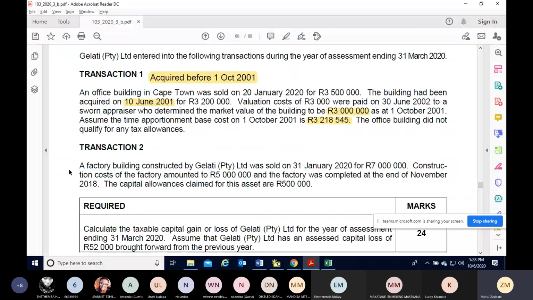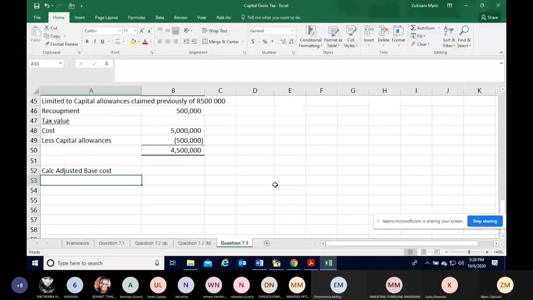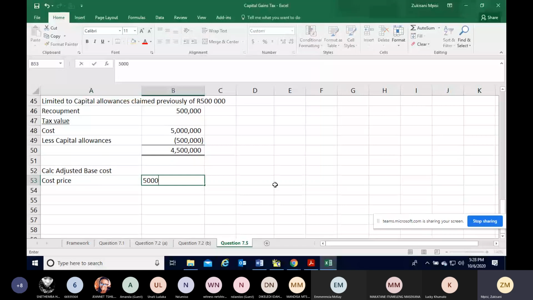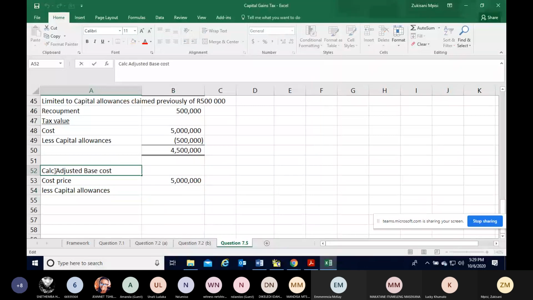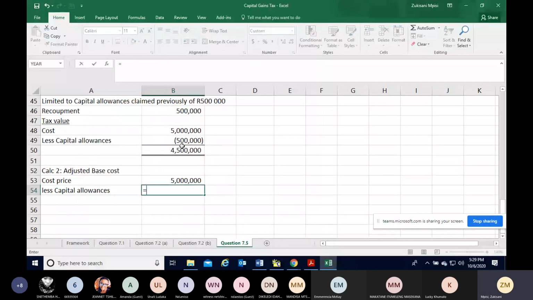We don't see any other thing, so it just becomes the cost price of 5 million less capital allowances, and the capital allowances are 500,000.